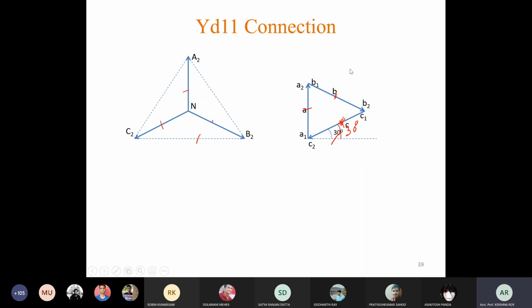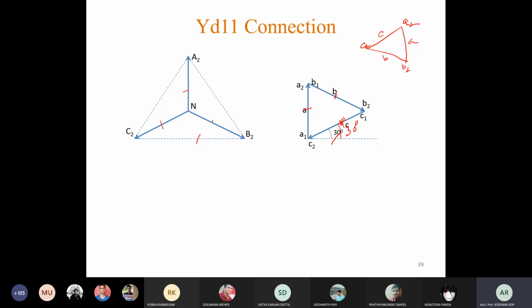Now compare this phasor diagram with the previous one. Previous one was like this. This was our B phase, this was our A phase, this was C phase. B2, C2, A2.